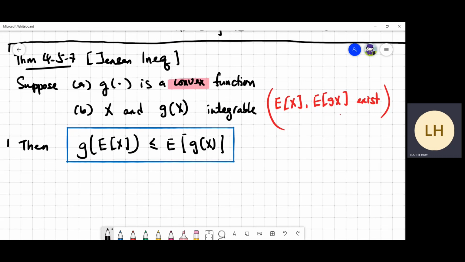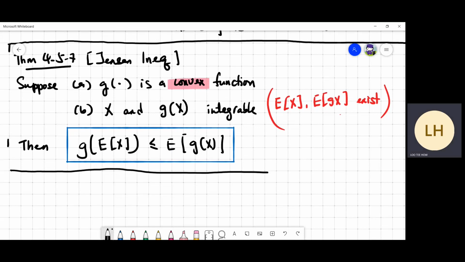So X and g(X) are integrable means E[X] and E[g(X)] exist. When having these two hypotheses, we have a conclusion. The most important hypothesis is here: g is a convex function. Then we can have this.